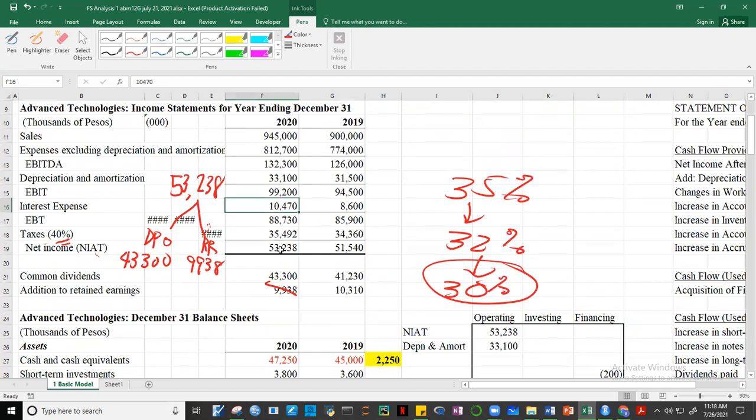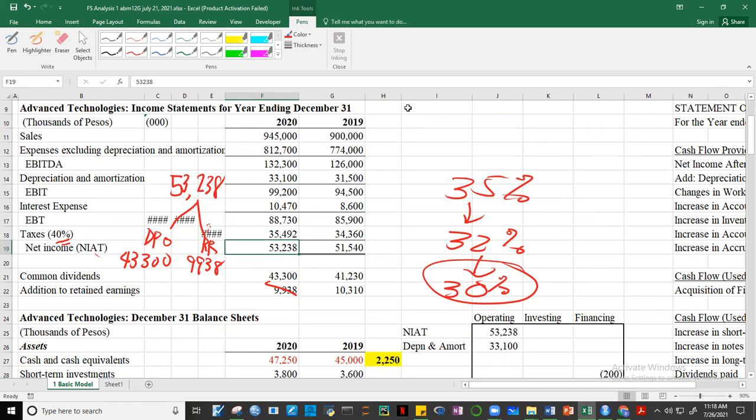Na-consider na ba yan in coming up with your net income after tax? Retained earnings. May cash ba yun? Okay, I'll address first the answer of Liam. Thank you, Liam, for your answer. Kaso, pag tinignan natin, guys, yung net income after tax, di ba na-consider na yung interest expense doon? Kasama na dito yan eh. Na-adjust na natin yun.